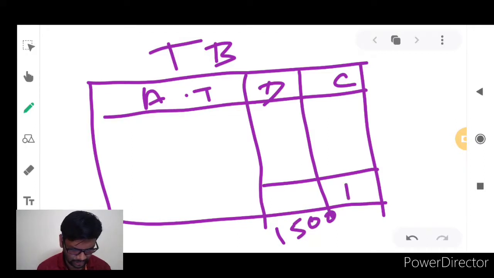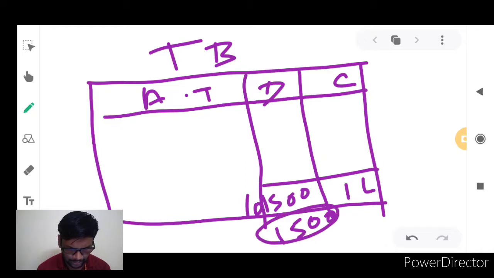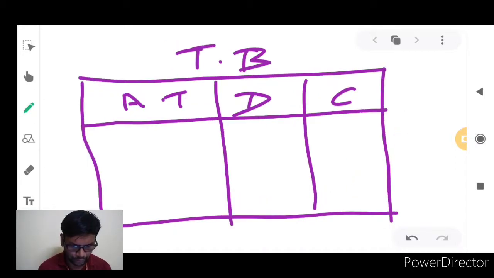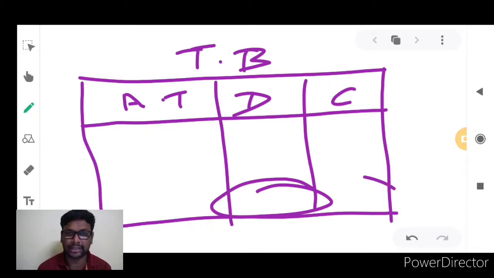In the debit side, the total is 1500 more than the credit side, isn't it? For example, the credit side total is 1 lakh rupees and the debit side is 1 lakh and 1500 rupees. So this shows very clearly that 1500 rupees is more than the credit column.